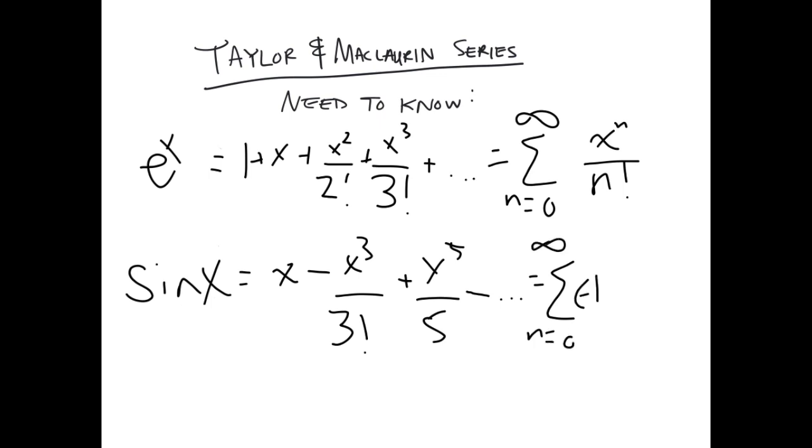I have a negative to the n, and since my first term is positive, I can go ahead and start at n equals 0. Some people do n minus 1. It's up to you. In this case, I'm going to put x to the 2n plus 1, since when I plug in that 0, I'm still going to get x to the 1. And then my factorial is going to be the same expression, 2n plus 1. Now, there are people who express this with 2n minus 1. You just have to shift everything over, but it's still the same.